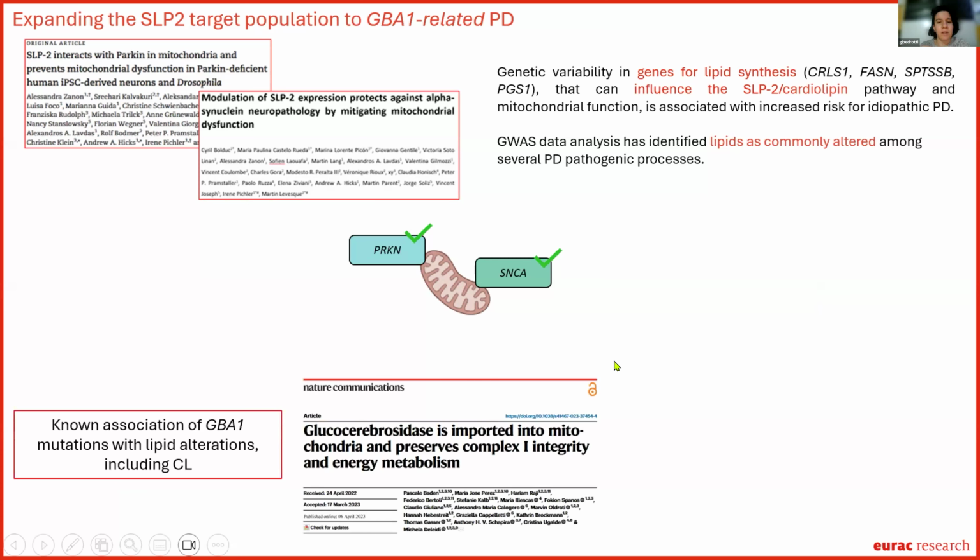Moreover, it has recently been nicely demonstrated that the wild type and the mutant GCase go into the mitochondria and are actually involved in preserving the integrity and the functionality of complex 1.